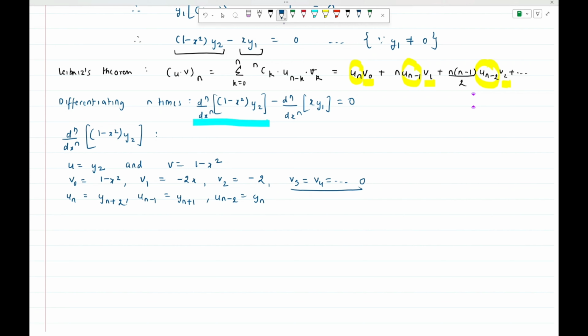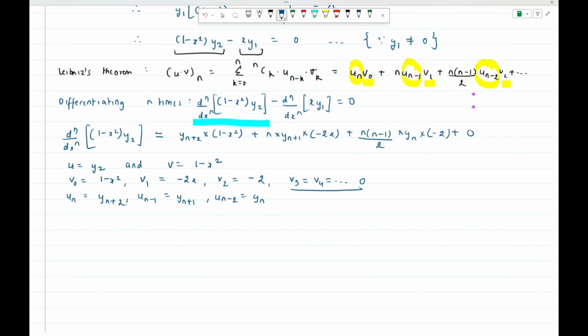So therefore, the expression over here is going to be, so we need un into v0, that's going to be yn plus 2 into 1 minus x square plus n times yn plus 1 into minus 2x plus n into n minus 1 over 2 into yn into negative 2.